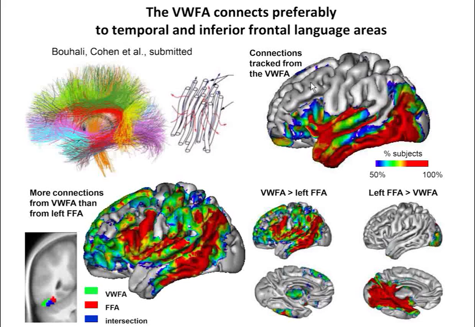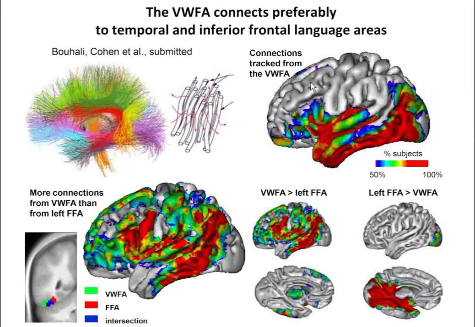And is this unique to the visual word form area? Well, to some extent it is. It's not unique, but it's stronger at the visual word form area site. So what we can do here is we make an image of where in the cortex do we have stronger projections from the visual word form area, starting here, than from the nearby FFA, the fusiform face area. I told you they are side by side, words and faces, but always in the same locations.